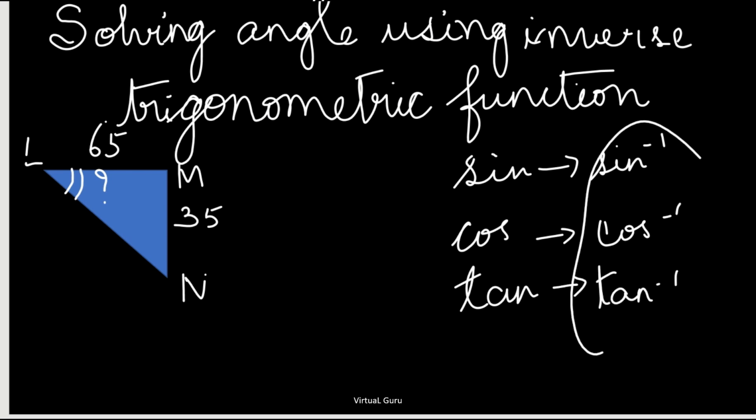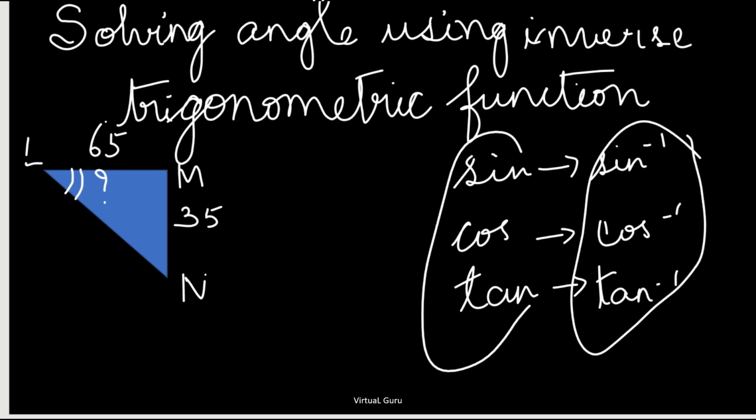These are the inverses of sine, cos and tan. They are specially used to find the angles, and the majority of the time, the sides. So let's proceed with it.